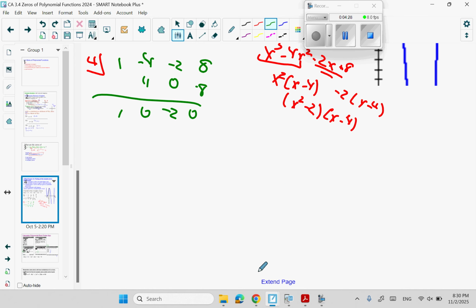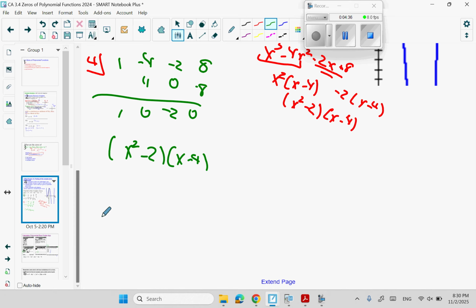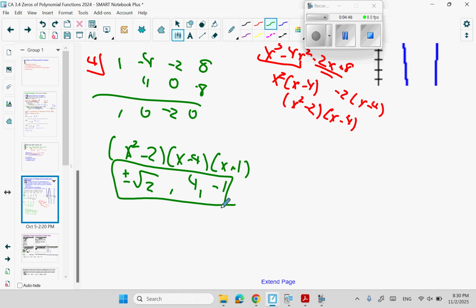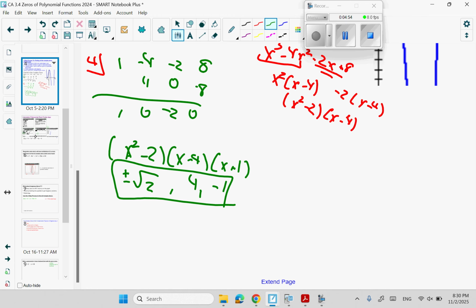That's exactly what we end up with, x squared minus 2. Don't forget our x minus 4 as well as our x plus 1. So we're going to get the answers of 4, negative 1, and plus and minus the square root of 2, giving me 4 total solutions for my degree 4. All of them just happen to be real on this one.